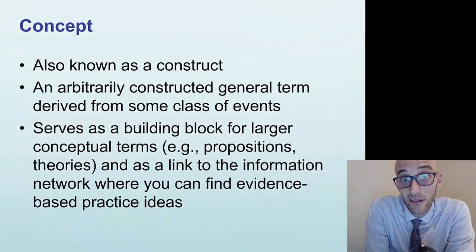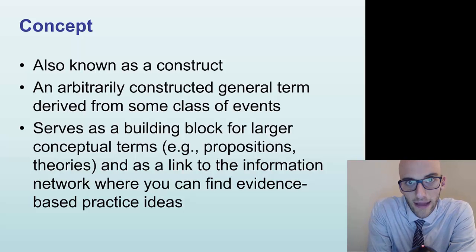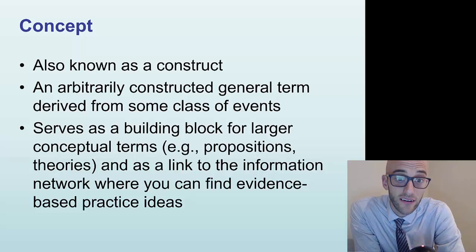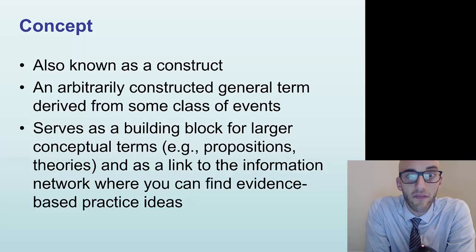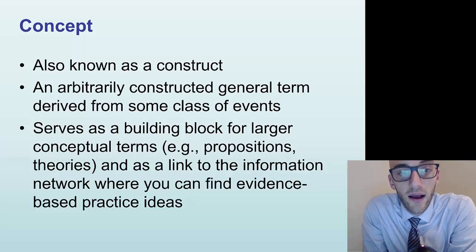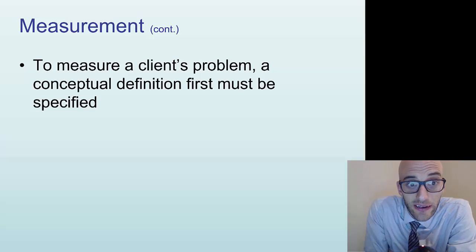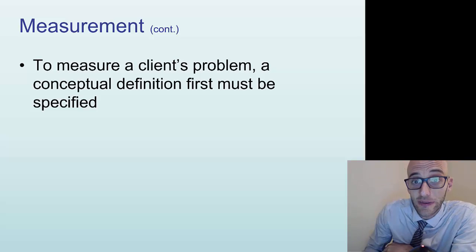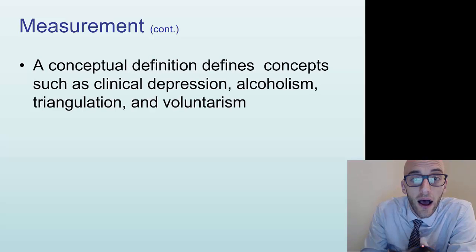So a concept is also known as a construct. You might see the two terms used interchangeably. And this is like the building blocks for our larger conceptual terms that we find in propositions and theories. So when we're measuring these concepts, a conceptual definition must first be specified.